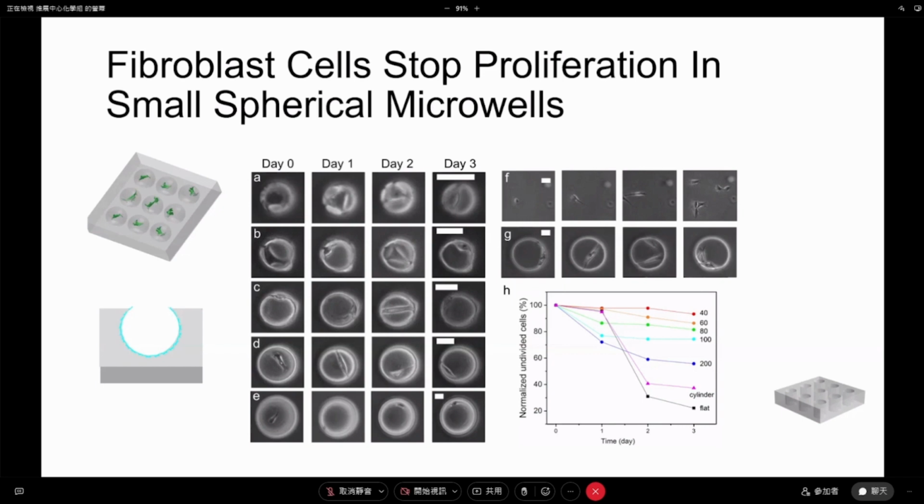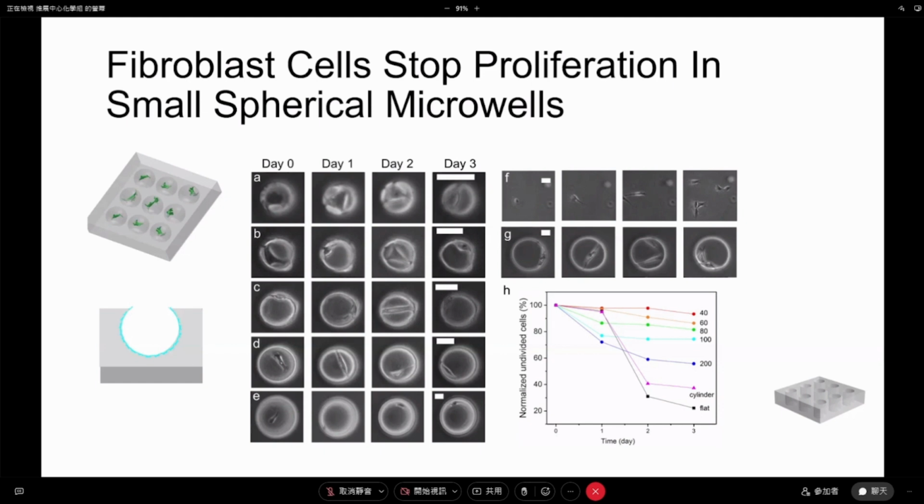Because we made the control of a cylindrical microwell, which is common practice in microwell studies because most of the microwells are fabricated through lithography, which is essentially a 2D technique. Right? The cross section of the microwell will be identical, but our microwell is spherical.